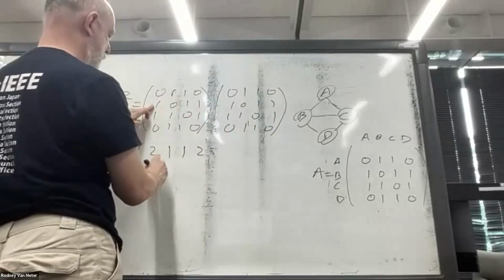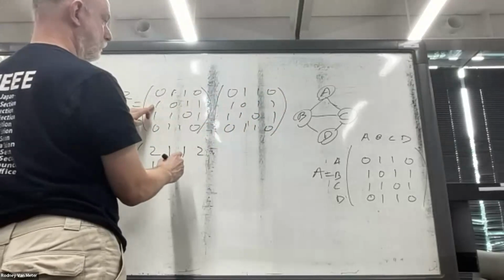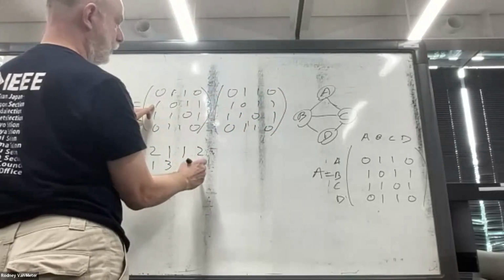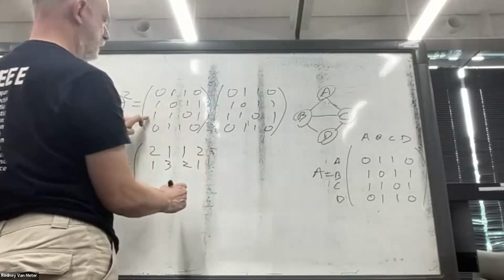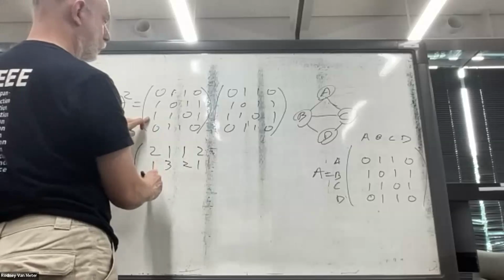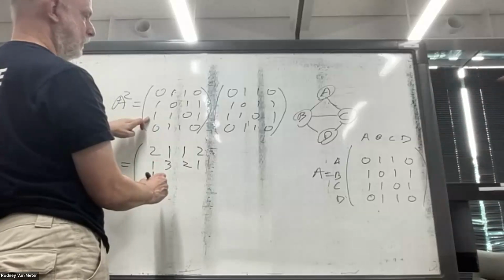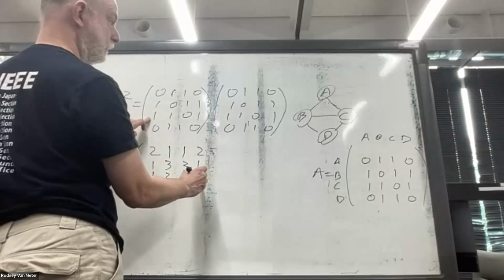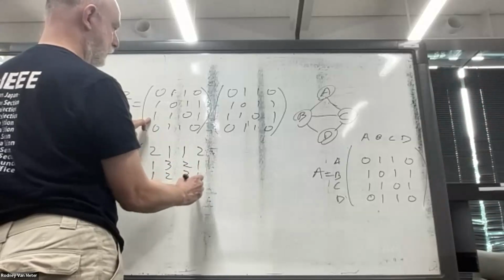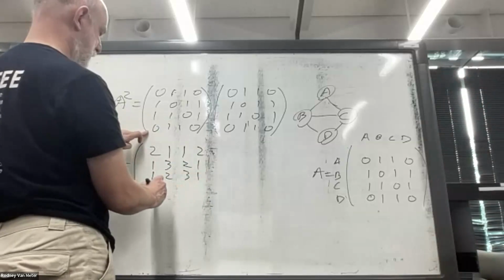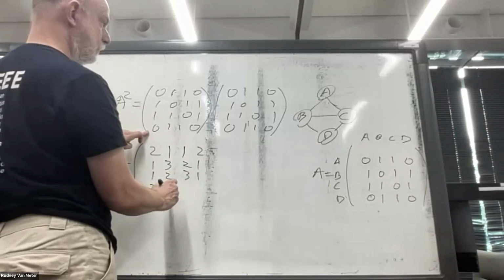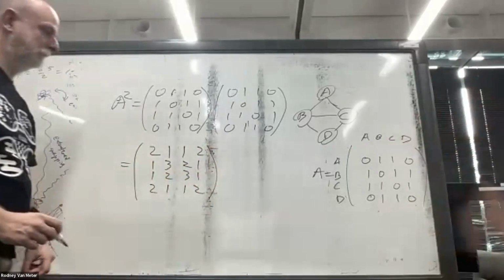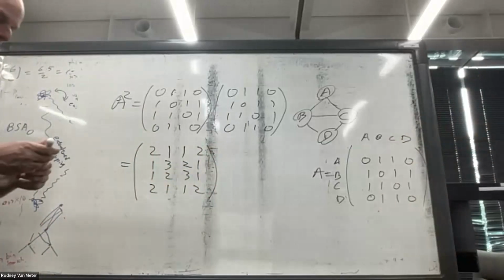Second one gets us 1, 3, and then 2, and then 1 again, and then 1, 2, 3, 1, and then 2, 1, 1, 2. Did I do that right? I think so. All right.